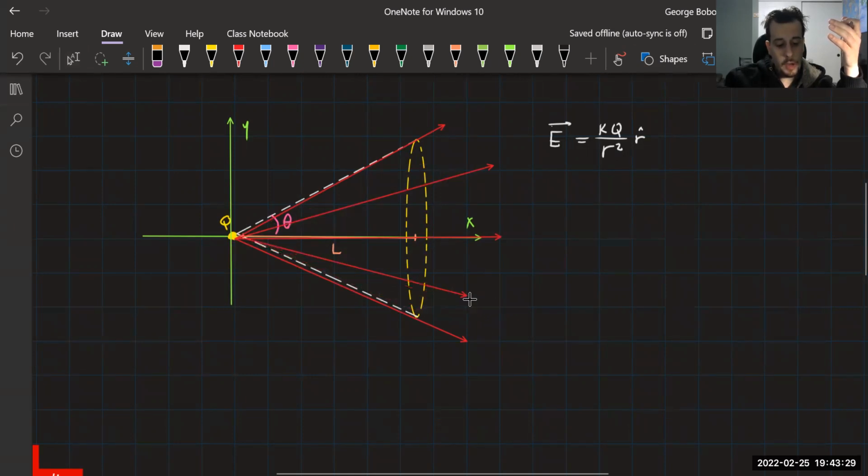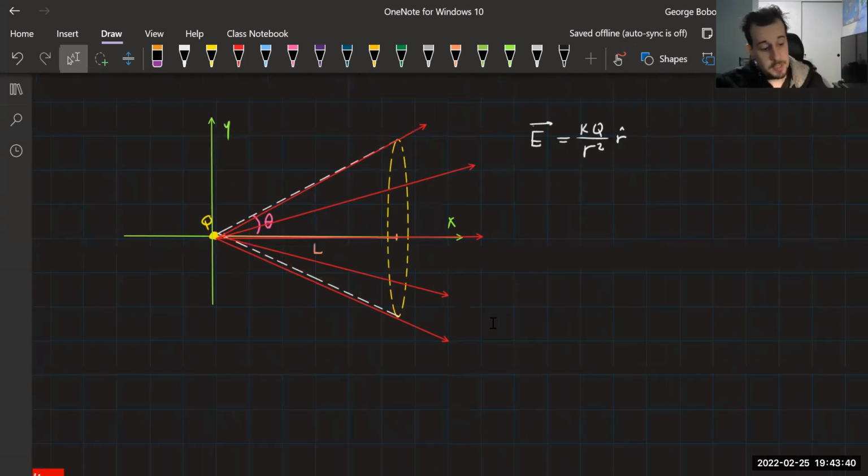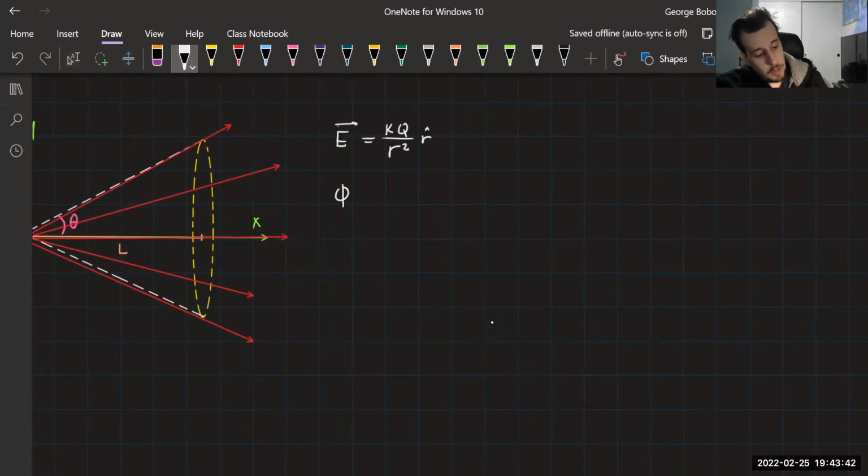So I'm thinking to myself, there has to be something I can do here to calculate the integral of E dot dA. That's what I need to do to get the flux. I have the electric field, but I don't exactly have dA set up for myself right now.